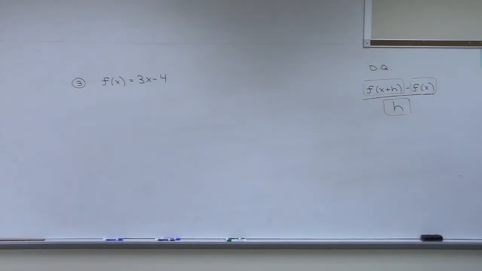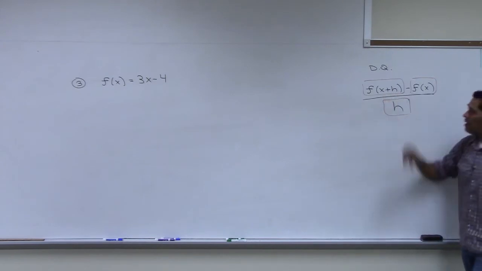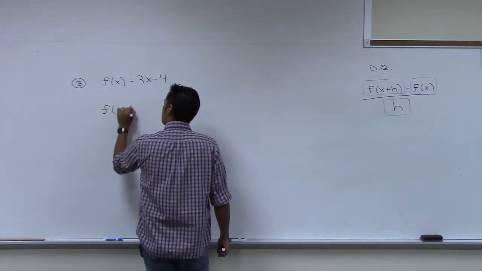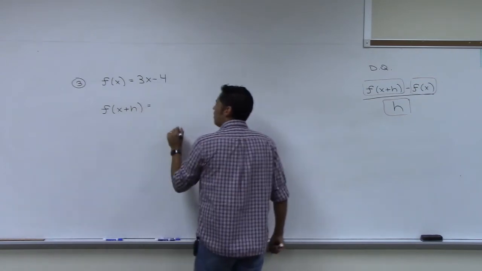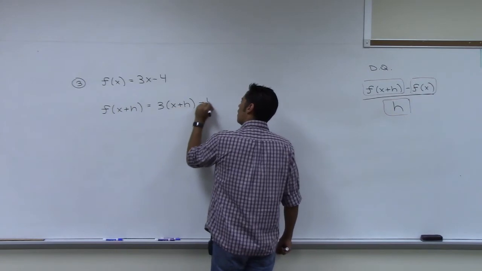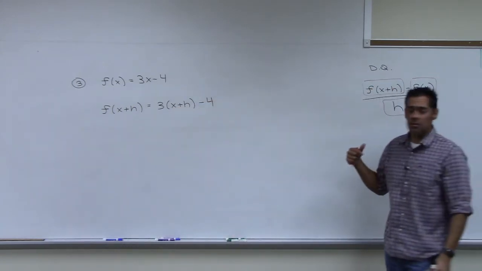Those are my 3 elements that go into the difference quotient. The hardest one to get is this one right here, f of x plus h. So let's go ahead and figure out what that is first. So if I replace x with x plus h, I am plugging in x plus h for x.